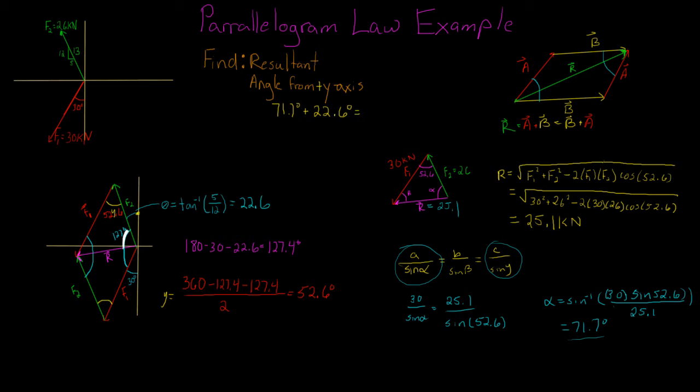And this gives us an angle of 94.3 degrees from the positive y-axis. So our final answer for this problem is the resultant is 25.1 kilonewtons at 94.3 degrees from the positive y-axis.